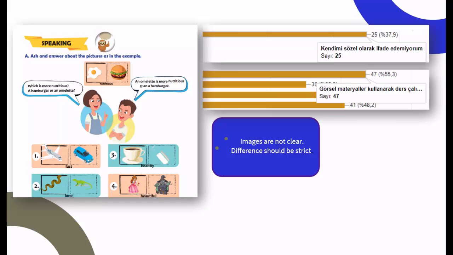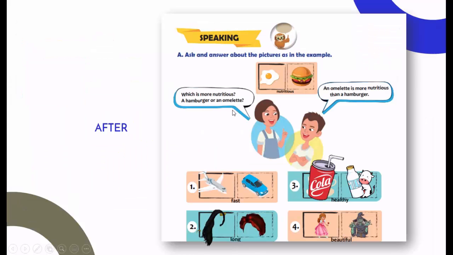However, they can't express themselves with ease. If students cannot understand the activity, they cannot talk about it because they will be confused in the first place. And the items which will be compared should be strictly distinguished from each other. So, we need to change some of the pictures for students' understanding. Like this.